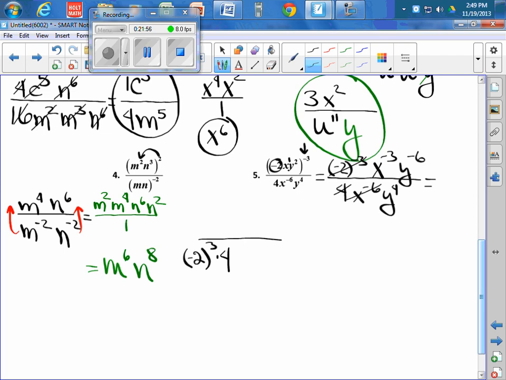X to the negative 6 becomes x to the positive 6 in the numerator. Cross them out as you use them up. Go up here and cross out the x to the negative 3 in the numerator, makes it x to the positive 3 in the denominator. In the denominator, you have y to the fourth. Leave it alone. It doesn't change. And in the denominator, we're going to put a y to the sixth power.